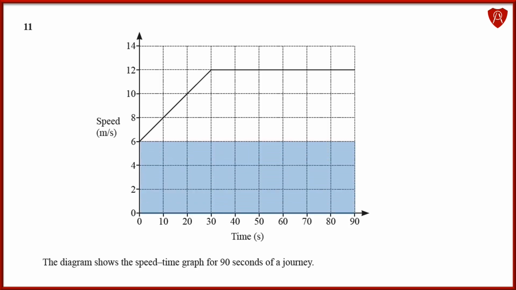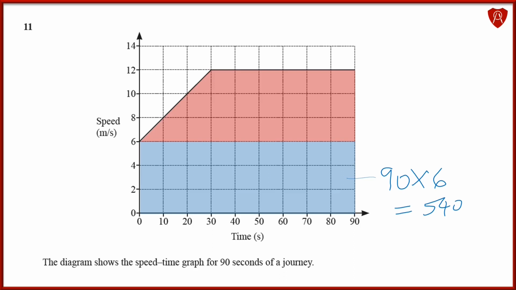It is convenient in this case to subdivide the graph into easier shapes. The lower shape is a rectangle of length 90 and height 6. So when you evaluate that, we get 540.